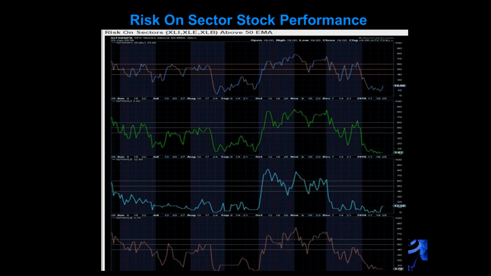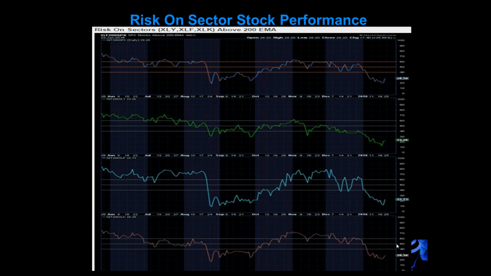And now let's look at the other risk-on sectors and look at their performance. Again, not very good. We can see the SPX up here, as I said, around 20% roughly, or 26%. But if we look at consumer discretionary, 23%.